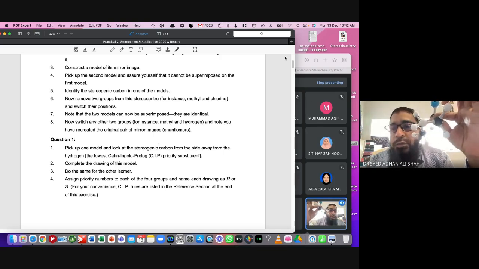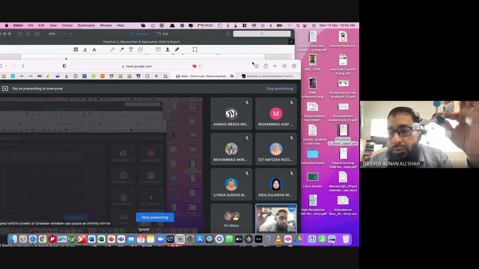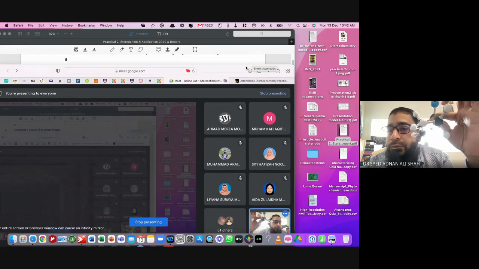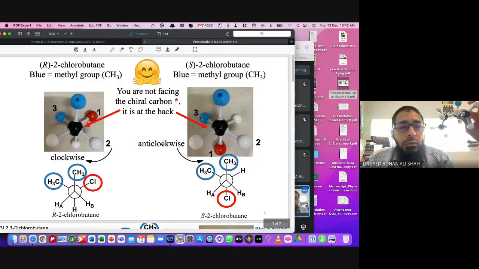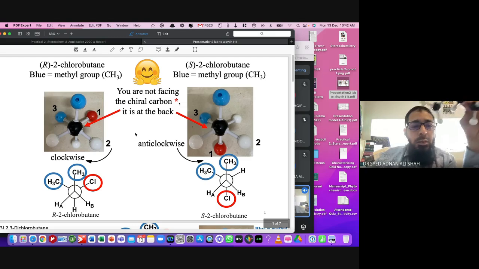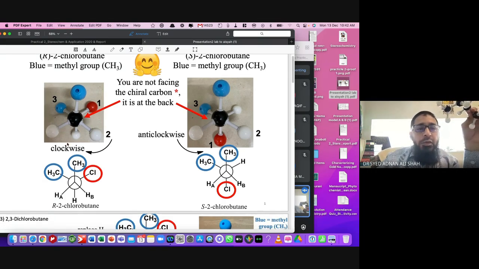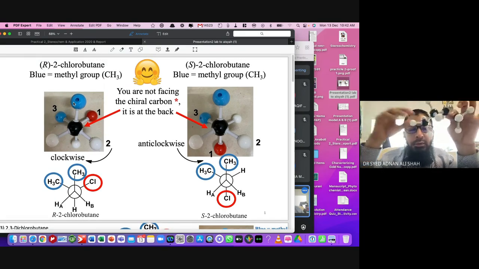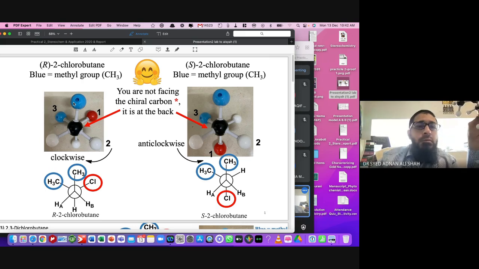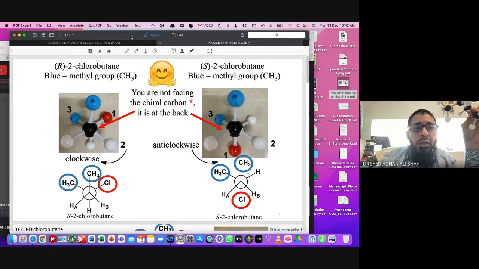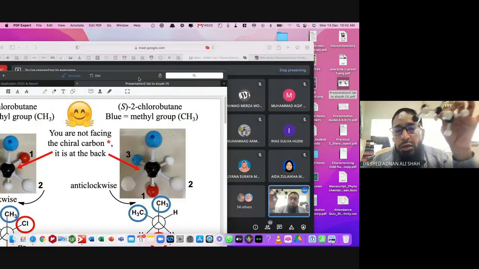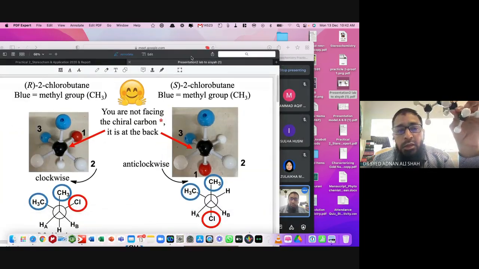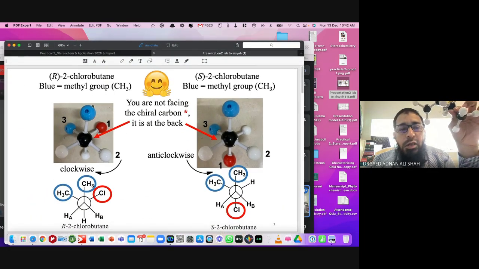So one I can show you. Can you see this slide? Yes. So this is the clear concept. The model I already showed you, it is like this.